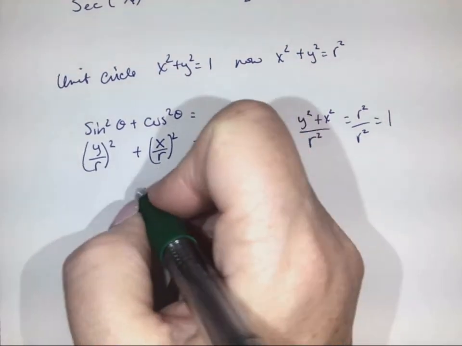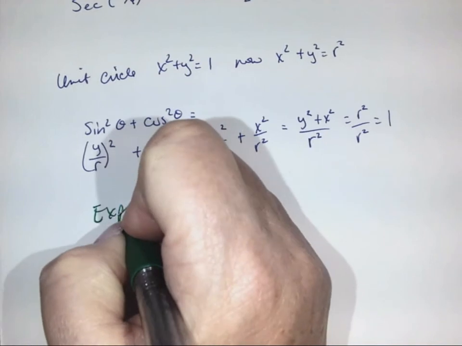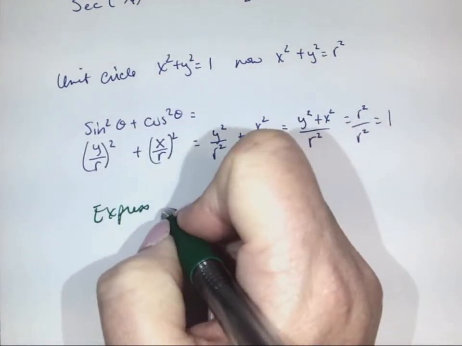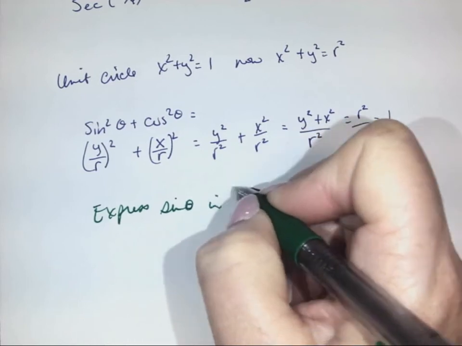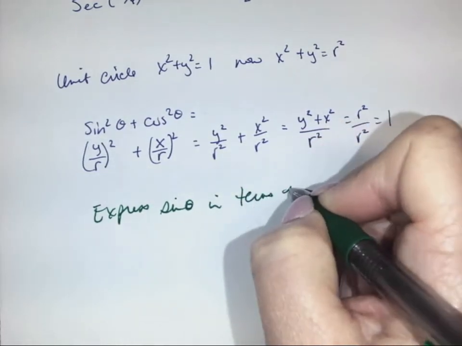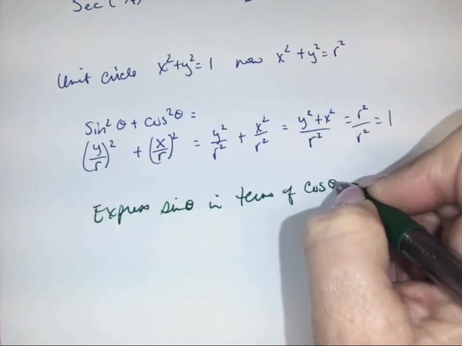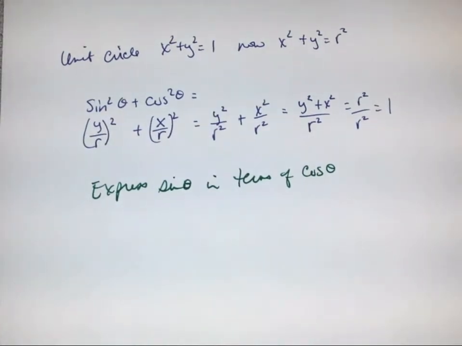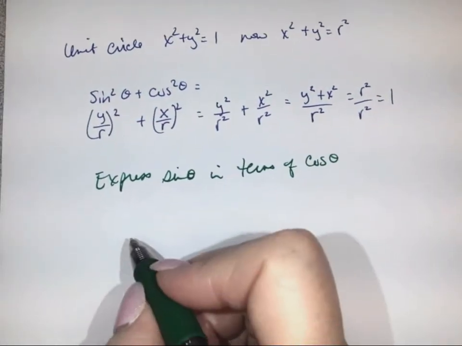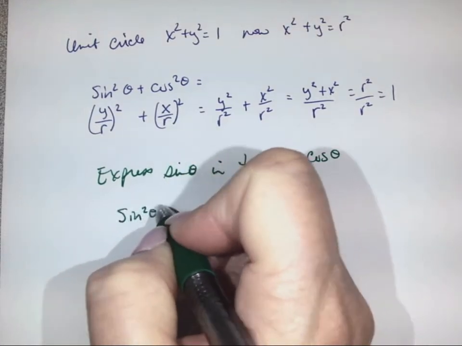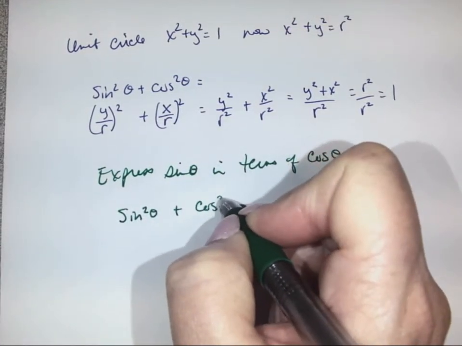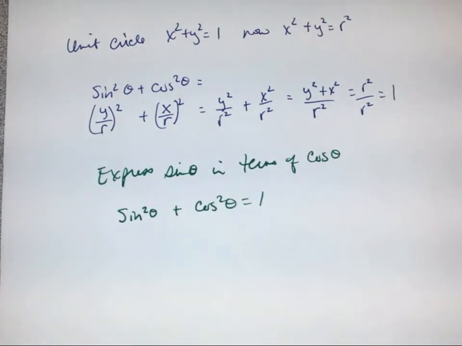All right, so we're going to go back and express sine theta in terms of cosine theta. So remember, we have our sine squared theta plus cosine squared theta is equal to 1.